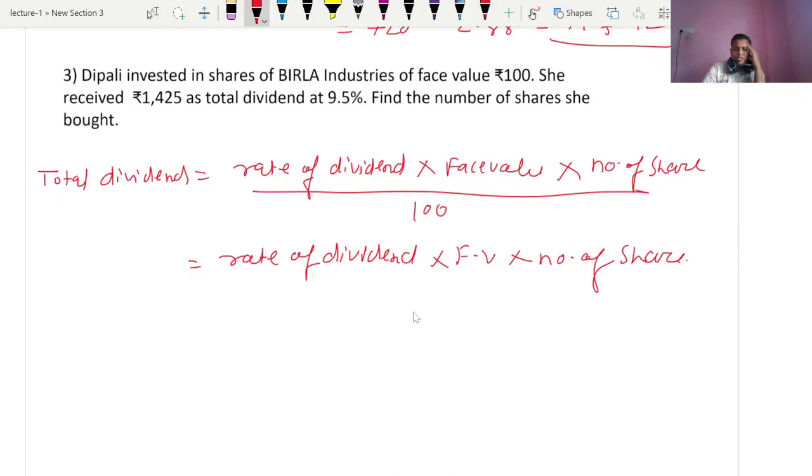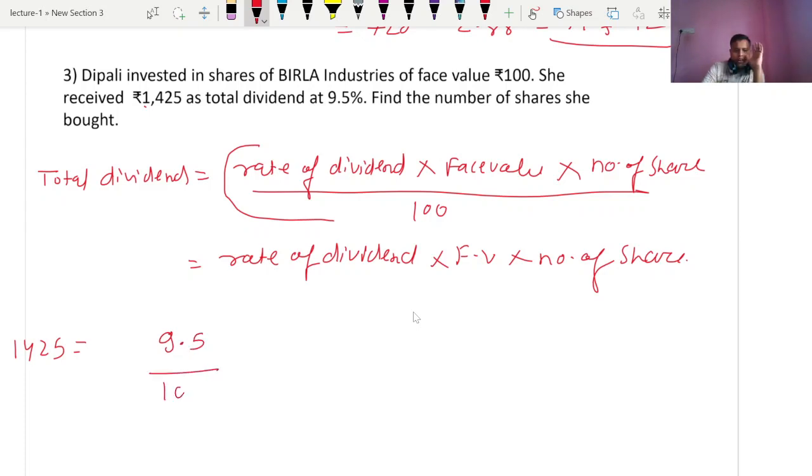Since 100 is already mentioned, see here, you have been given the total dividend as 1425 rupees, correct? So write 1425 in place of total dividend. The rate of dividend is 9.5%. Since 100 is already mentioned in this formula, I will write 9.5 in place of rate of dividend.